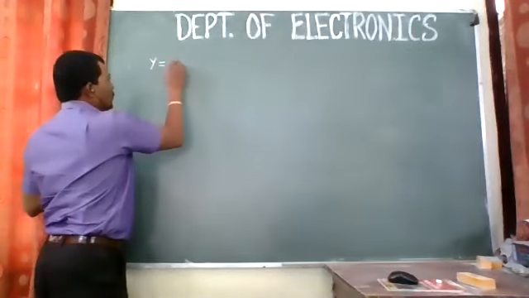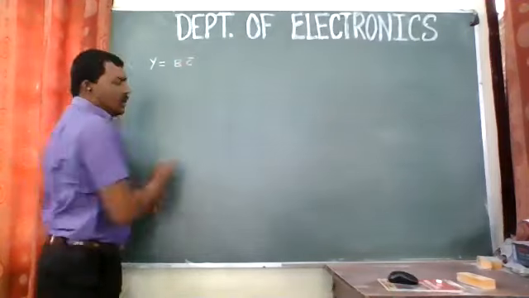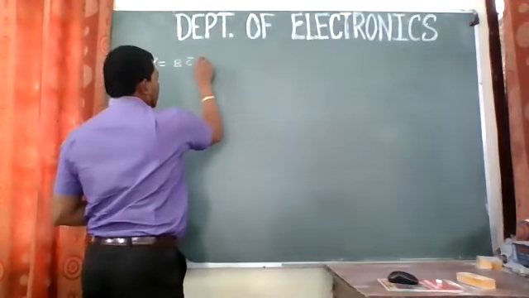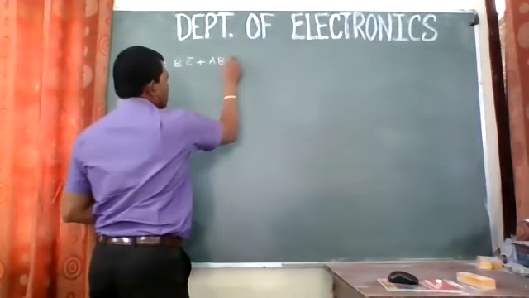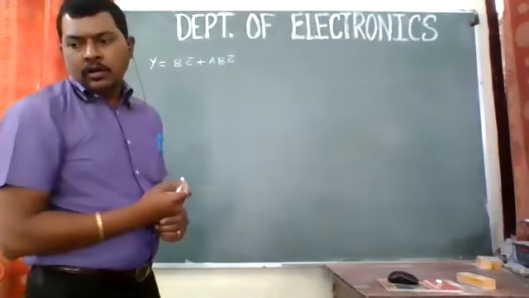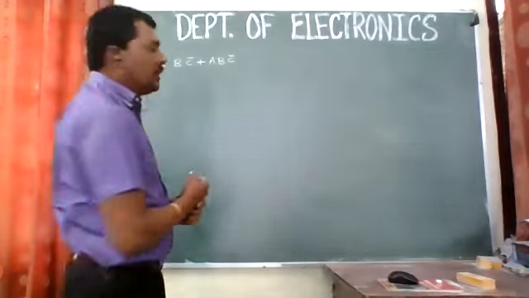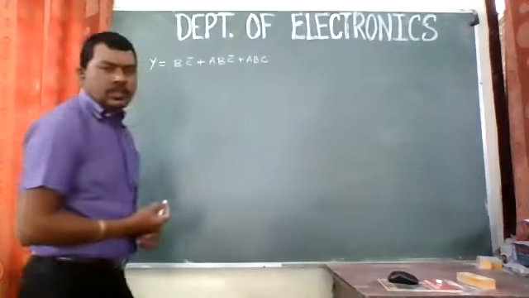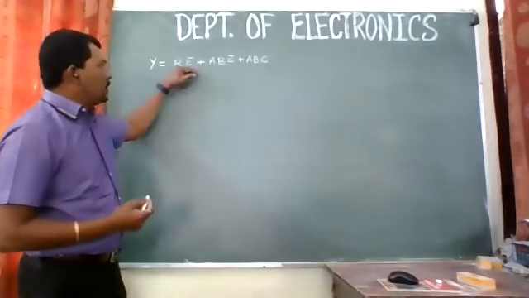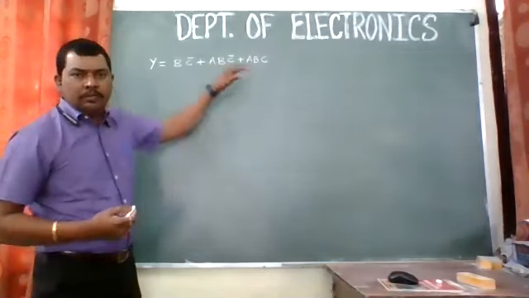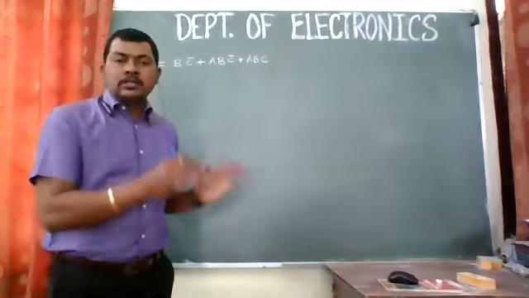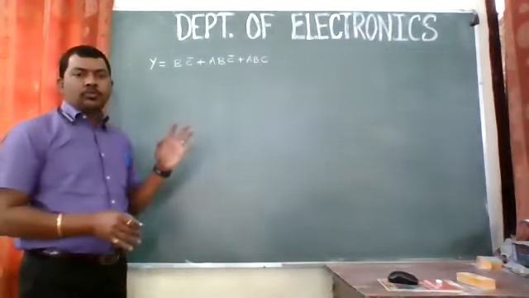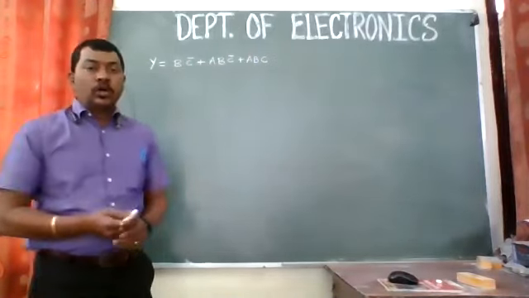The equation is Y equal to B C bar plus A B C bar plus A B C. This has three variables, so three inputs are there, and Y is the single output coming out of that particular circuit, which we need to simplify.